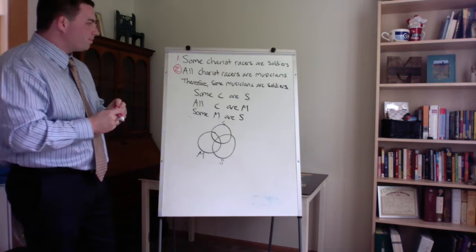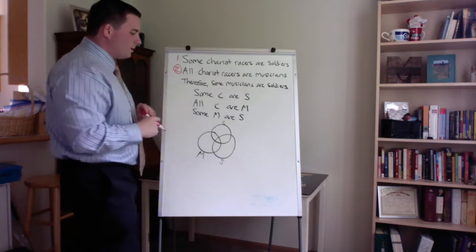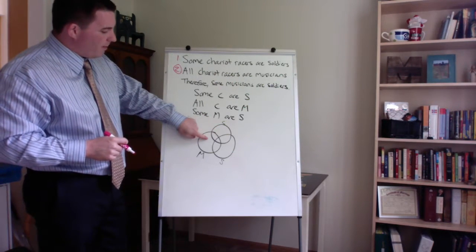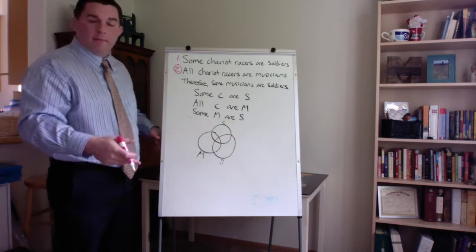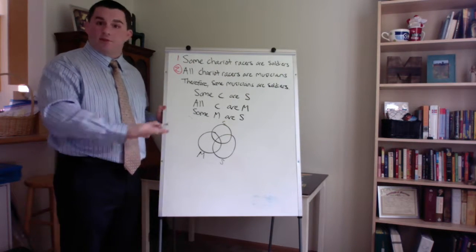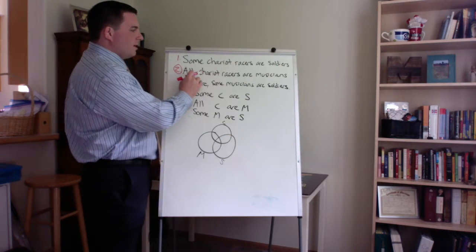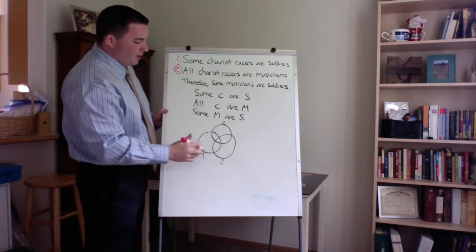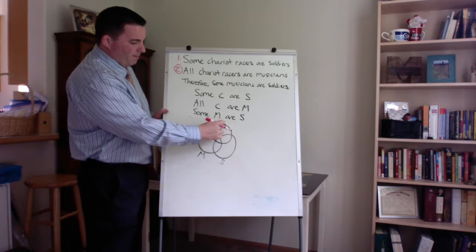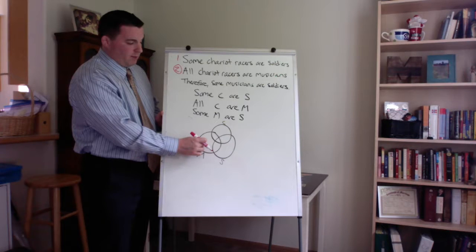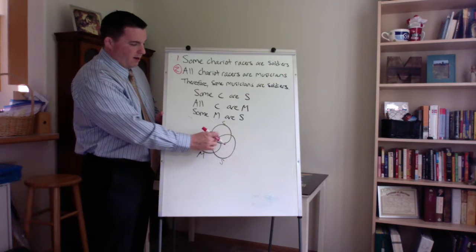As we shade these in, okay, so all chariot racers are musicians. So we have our C circle, we have our M circle. Now remember, shading means empty. There's nothing there. That area is completely empty. So all chariot racers are musicians. So we want to find the area that's within C, but outside of M. So we have our M circle here.